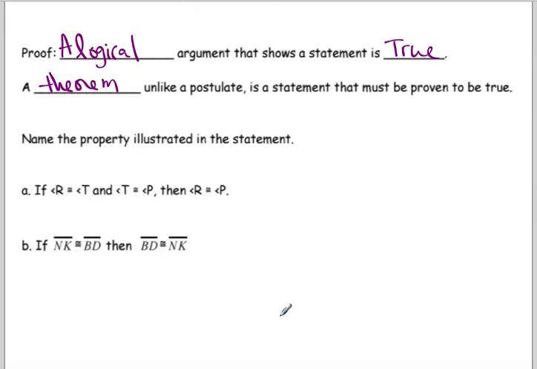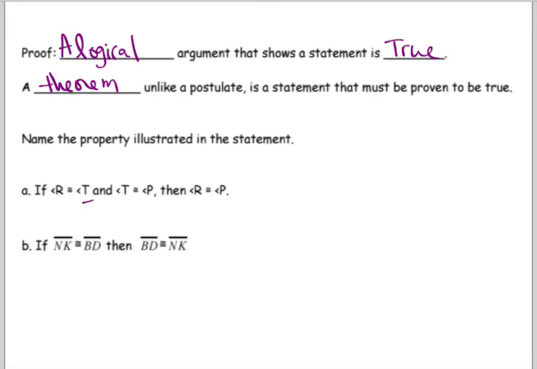So here are some of the questions where they just give you a very clear illustration of what property is being shown. It's easier than if they are in a proof, just kind of by themselves. It's more clear to tell. We see the congruent symbol here, so it has to be one of our properties of congruence. There's only 3 of those: symmetric, reflexive, and transitive.